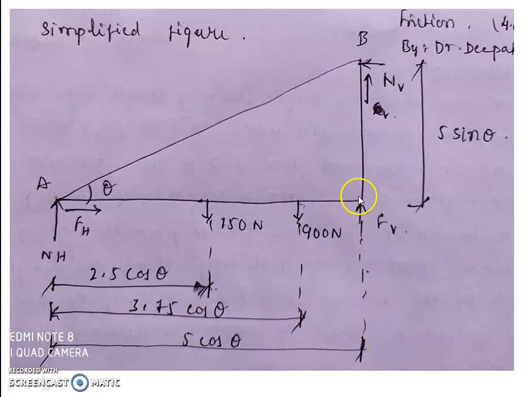This FV is upwards and it is at a distance 5 cos theta. It is making anti-clockwise movement, hence it is minus FV 5 cos theta. And here one more is there, NV. NV is at a distance 5 sin theta and it is also making anti-clockwise movement. Hence it is NV multiplied by 5 sin theta.